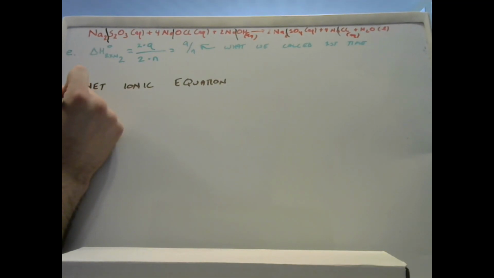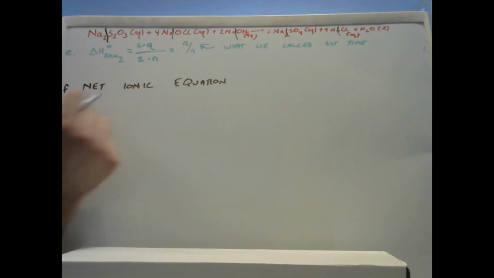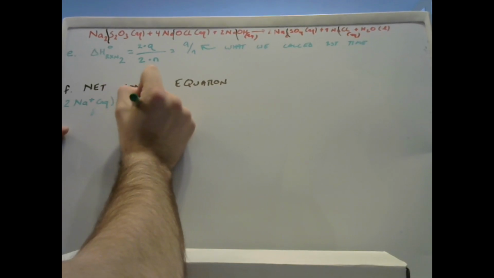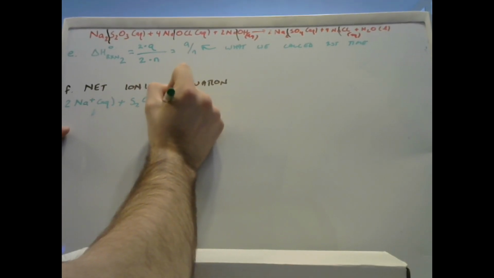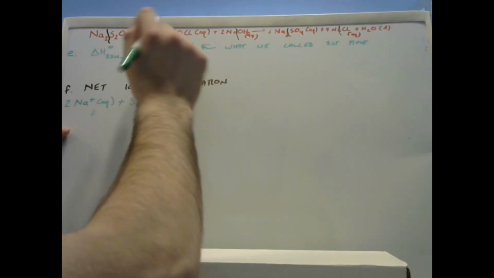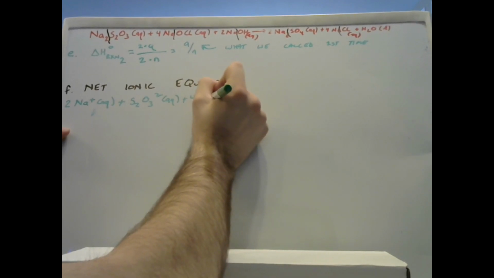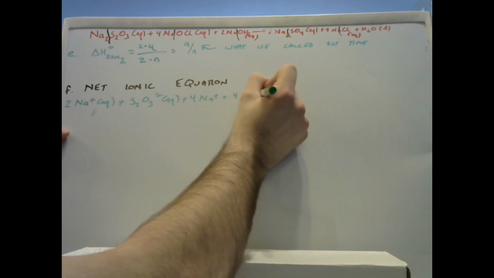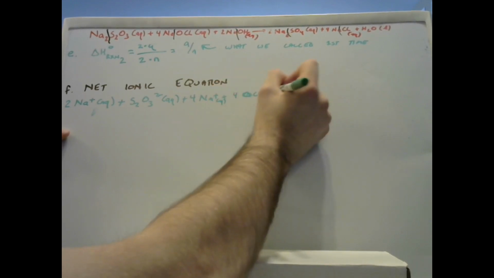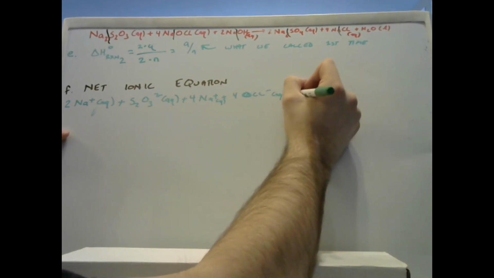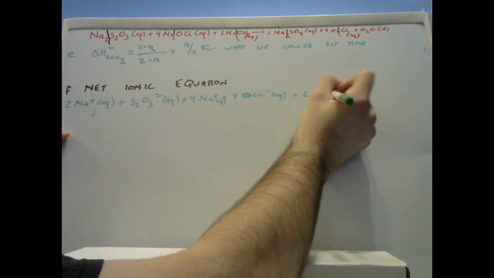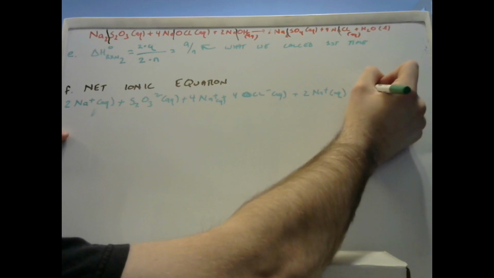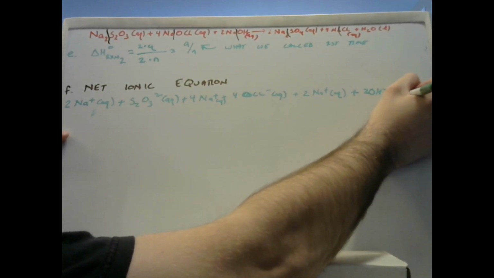So, let's go through that. 2 Na plus, 2 coming from here, aqueous, plus S2O3 2 minus, or thiosulfate, plus 4 distributes out, 4 Na plus, 4 OCl minus, again, both aqueous, plus 2 Na plus aqueous, plus 2 OH minus aqueous.